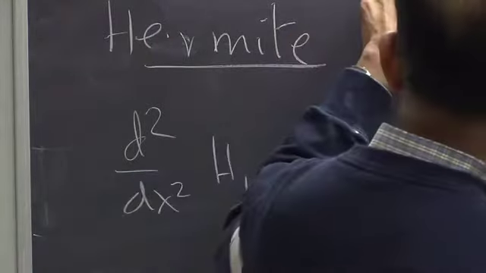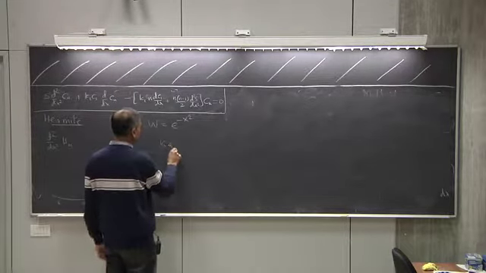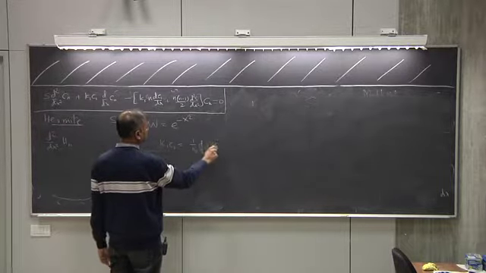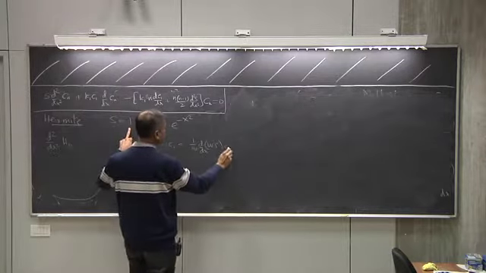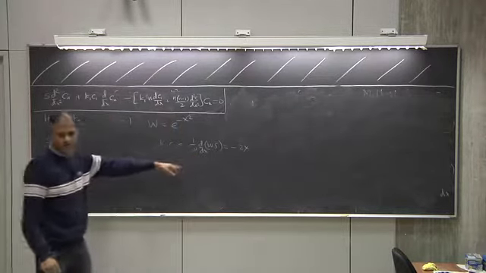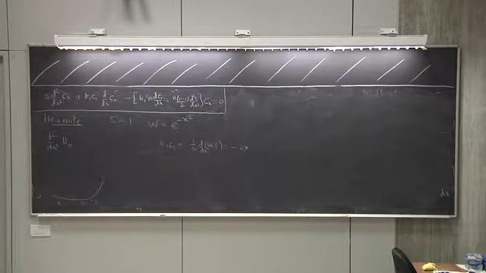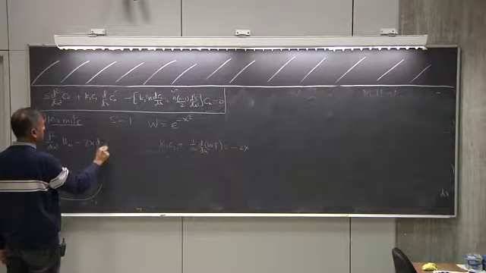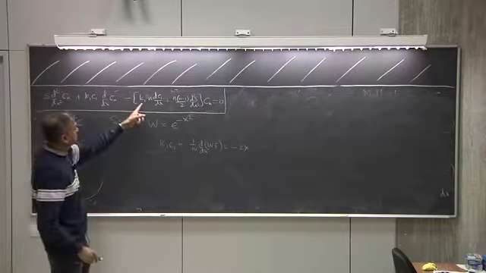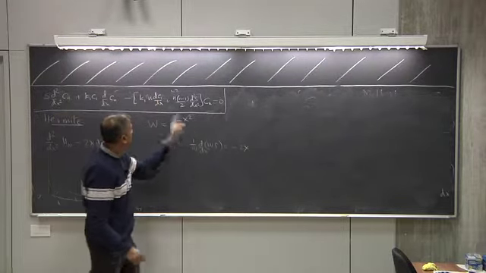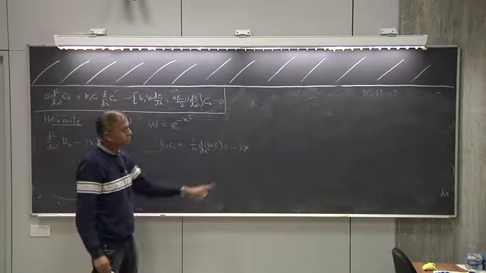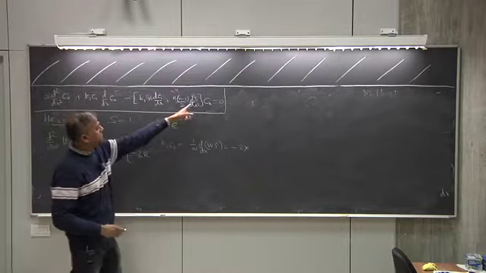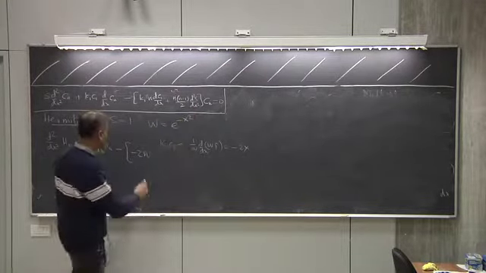Then we need to compute k1 c1, which was simply 1 over w d by dx of w times s. Substituting that, you get simply minus 2x. We computed that before. So this is minus 2x d by dx Hn. Now k1 c1 is that, so d by dx acting on it simply gives you minus 2. So here you have minus, and then minus 2n, and the last term is 0 because s is constant. So that's all.